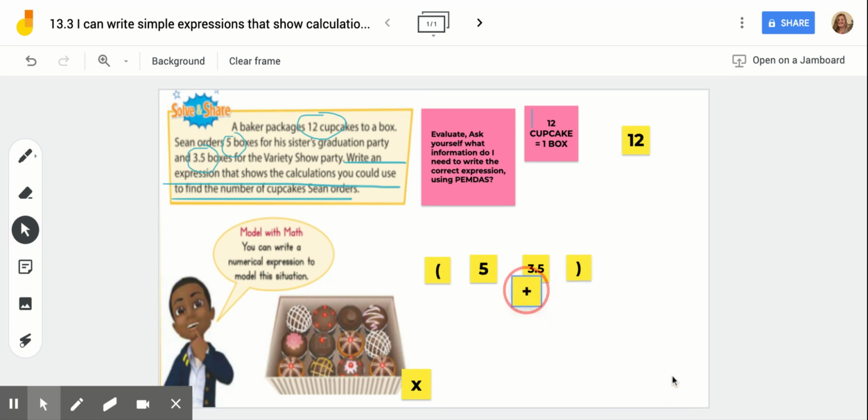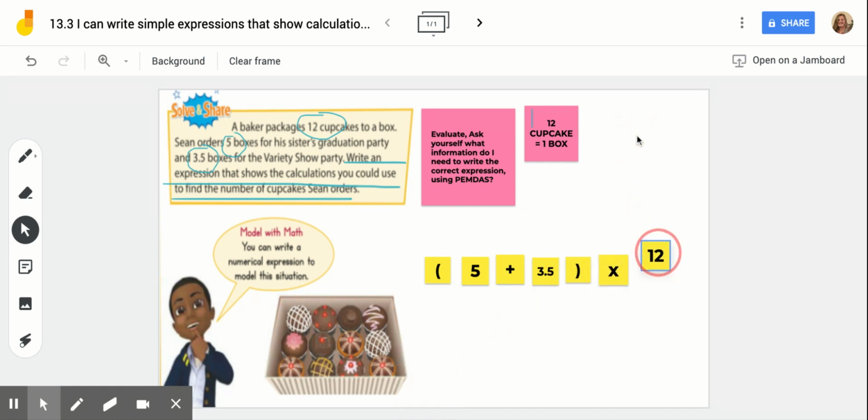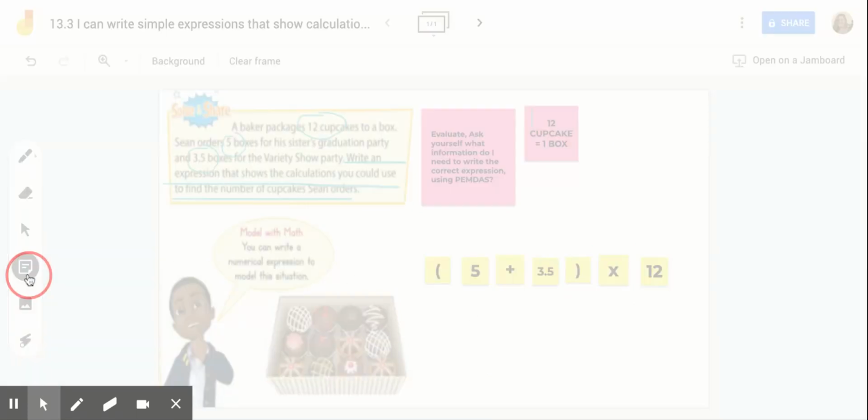First we need to find out how many boxes Sean ordered. To do that, I'm going to put parentheses around 5 plus 3.5. I do this because I first want to know how many boxes he's buying. Next, I'm going to multiply by 12. Why do I multiply by 12? Because there's 12 cupcakes in a box.